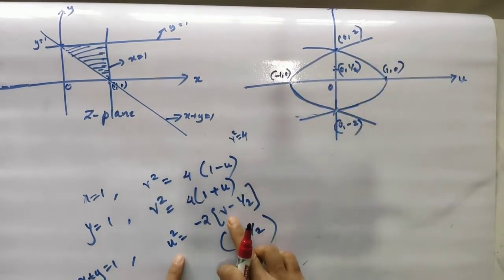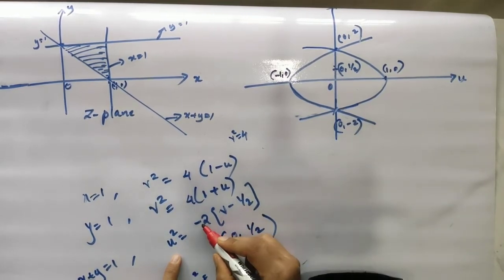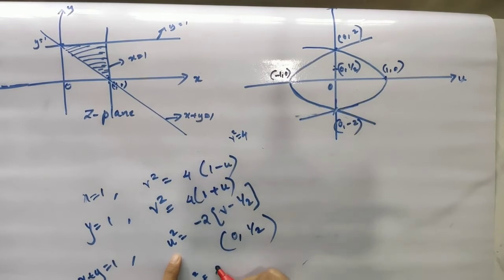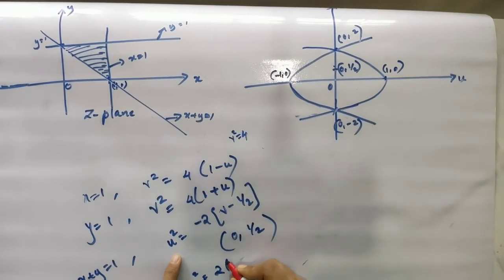Next, if I put v is equal to 0, I can take the minus sign inside and write u square is equal to 2 times (half minus v).